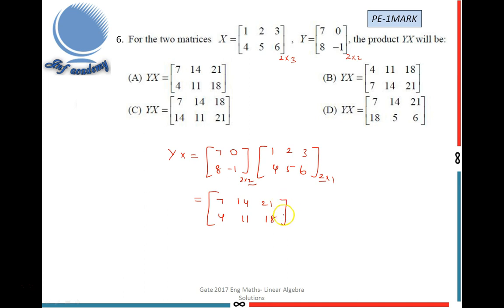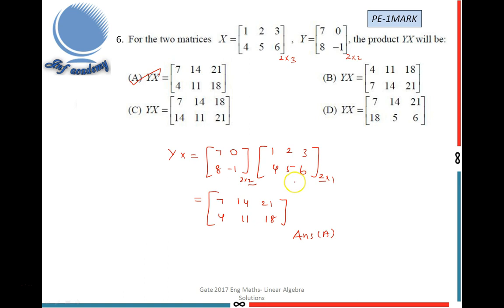So finally I got YX equal to 7 14 21, 4 11 18. So the final answer is option A. You have to check whether you can multiply these two matrices. This is very important. So the final answer is option A.